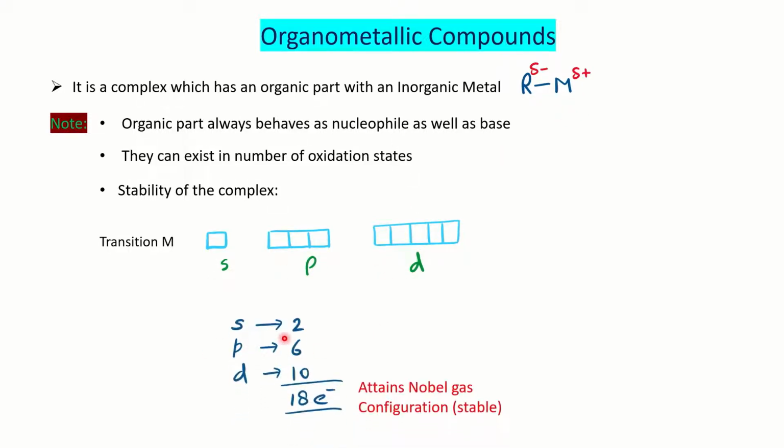So we know that s orbital occupies 2 electrons maximum, p occupies 6 electrons and d occupies total 10 electrons. So if we count, total number of electrons here are 18 electrons, which means it attains a noble gas configuration, and so we say that the following complex is a stable complex. So basically in this way we say 18 electron rule governs the stability of the complex.